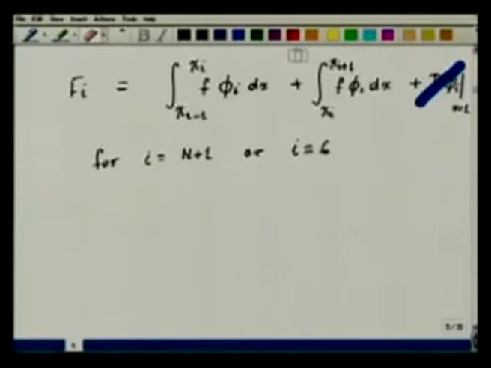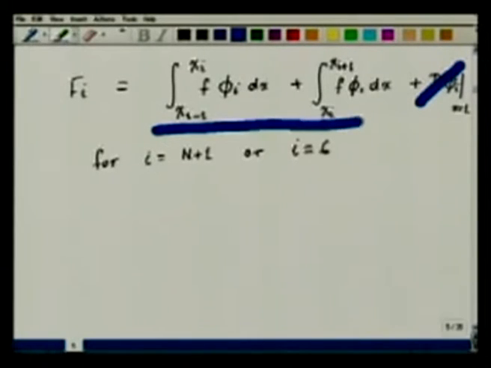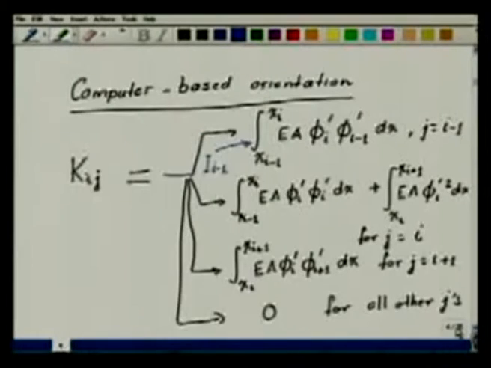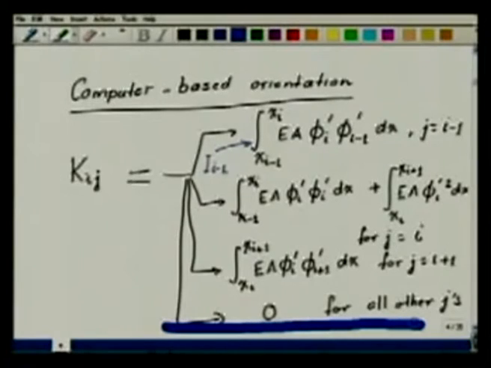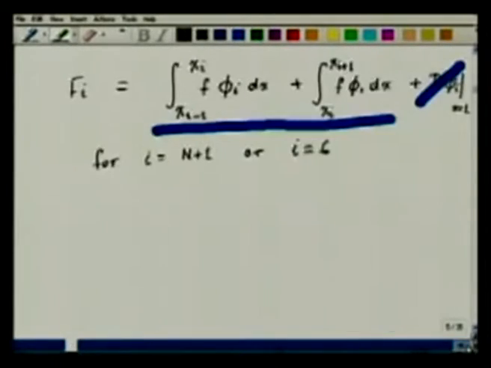We'll handle this later. So now we have this part of the load vector, and if I go to the previous page, this part of the stiffness matrix to handle. So how do we go about handling this?